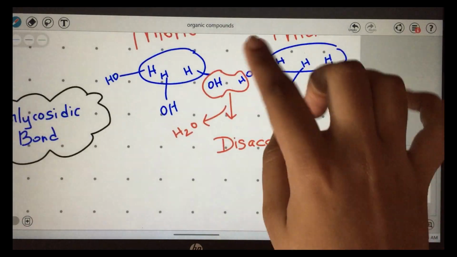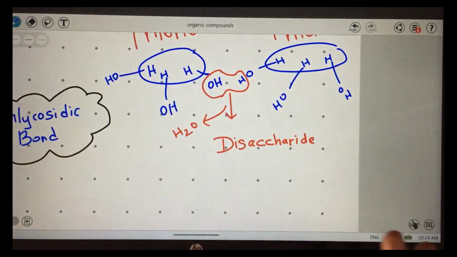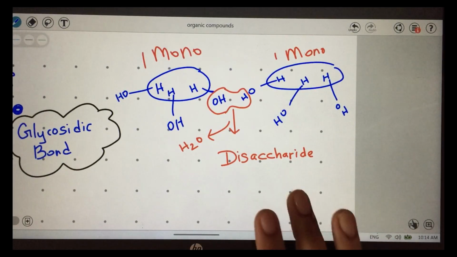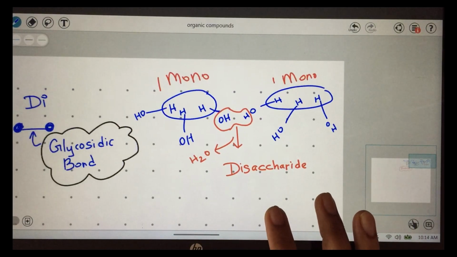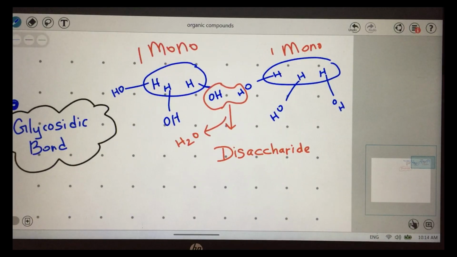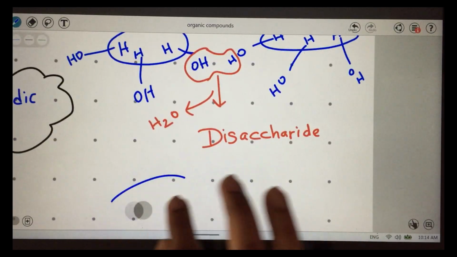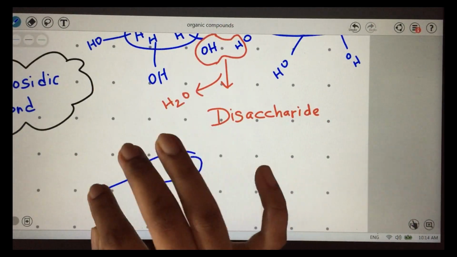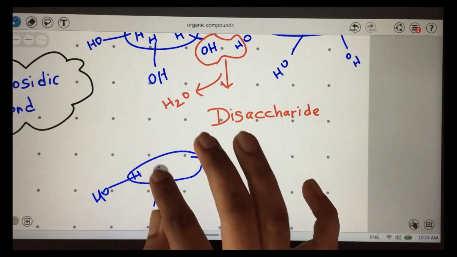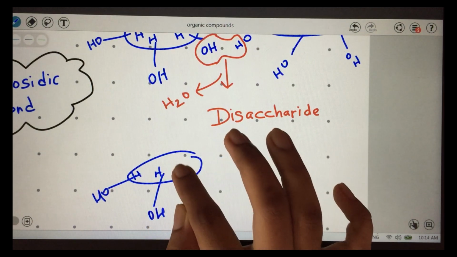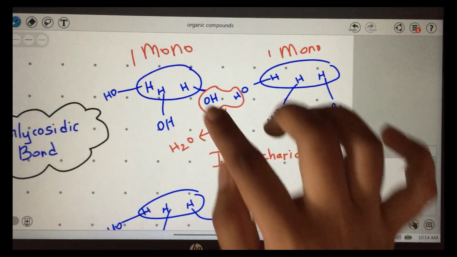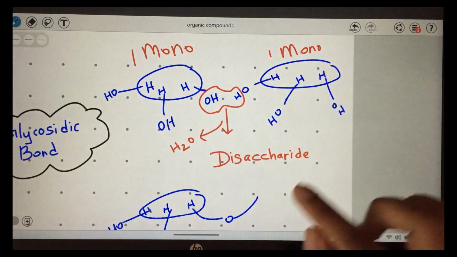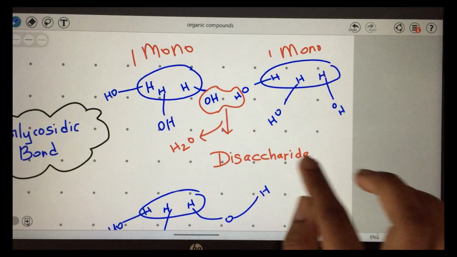Now if I draw this molecule again for you, this is not the actual molecule, just for you to understand. If I draw the ones given in the resource, you're not going to understand it because it's very complex looking. So the same structure repeats. OH, H is there. Now this OH is gone, and it's going to bind with the oxygen of this one, and then you have the hydrogen here.